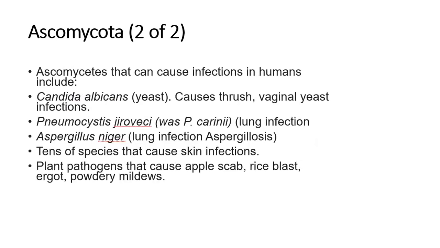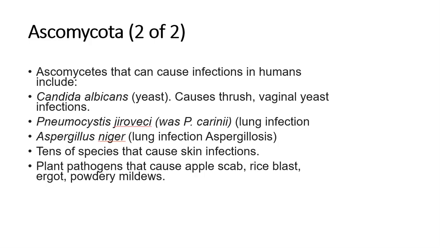A couple I do want to mention that can be pathogenic. Candida albicans. This is your yeast. Albicans meaning white. This can cause thrush in the mouth. It can cause those vaginal yeast infections.